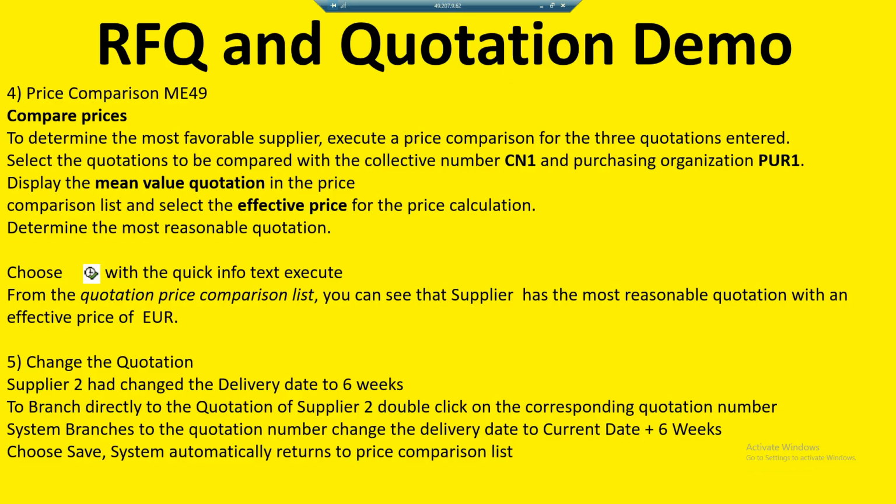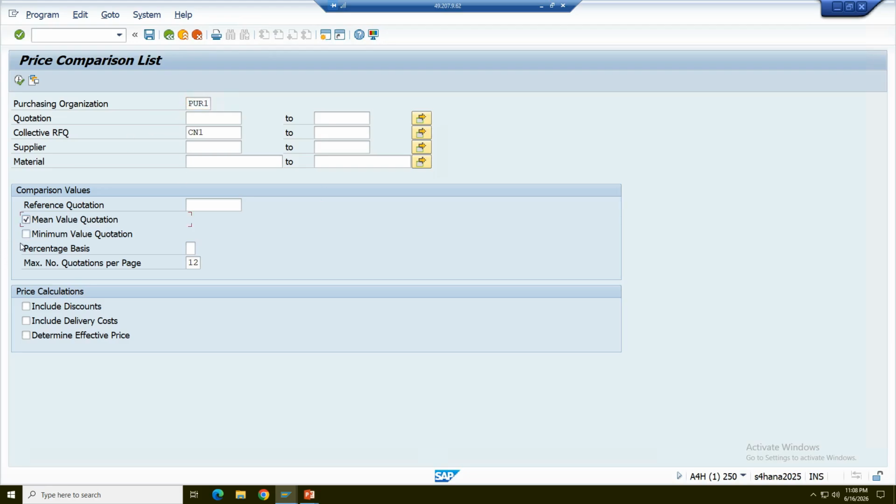Here what we have to choose? Mean value for quotation and determine effective price, include delivery. Okay, we will choose this and execute.